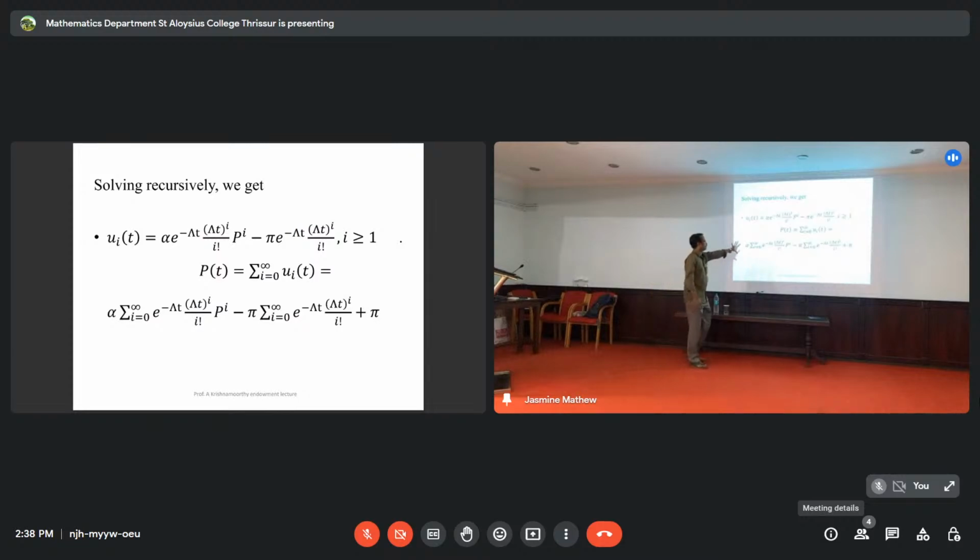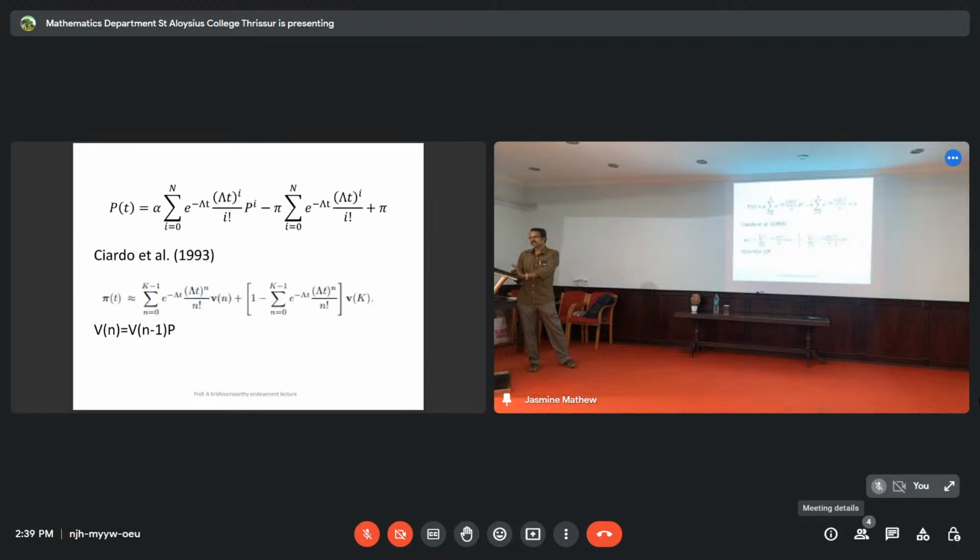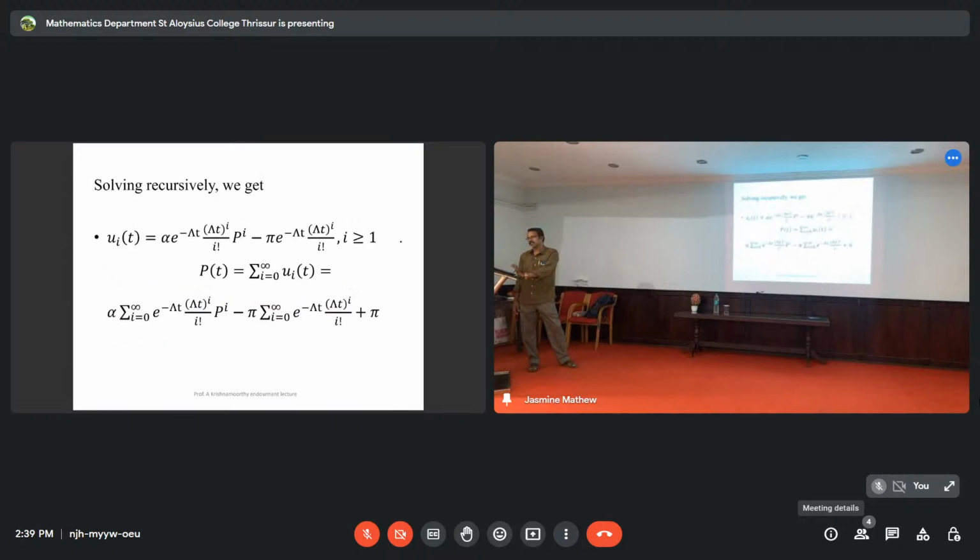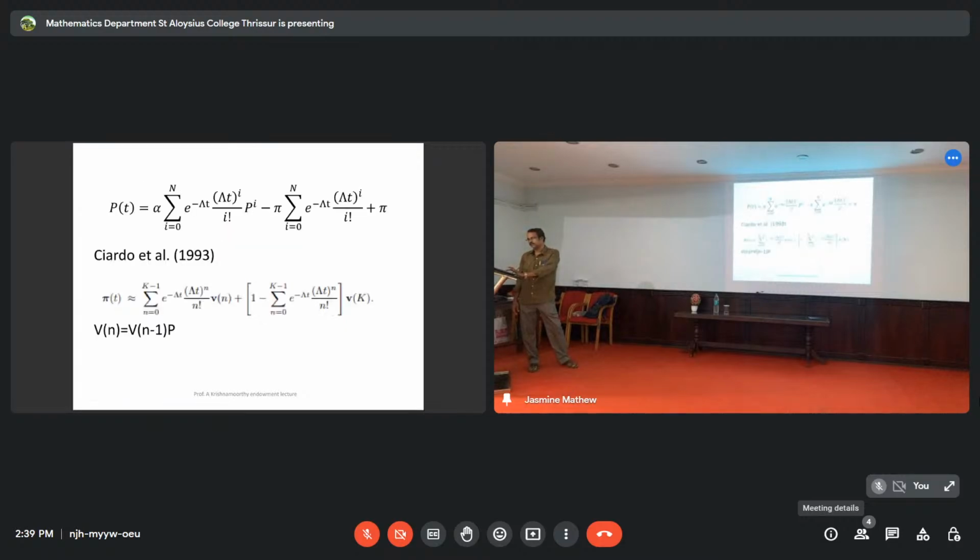So this is nothing new. This is the uniformization method itself. So what is new in this method? See, this method can be different from the uniformization method if we truncate the definition of P(t).